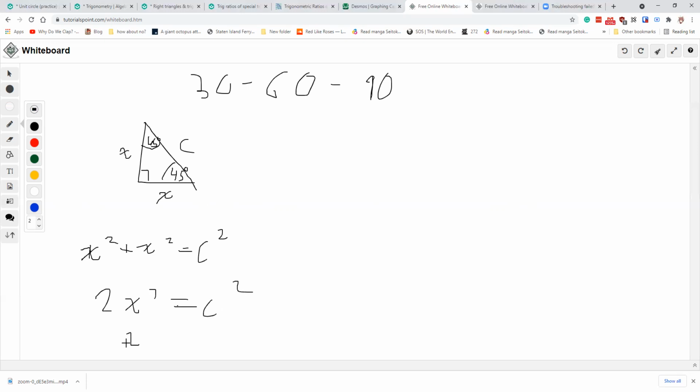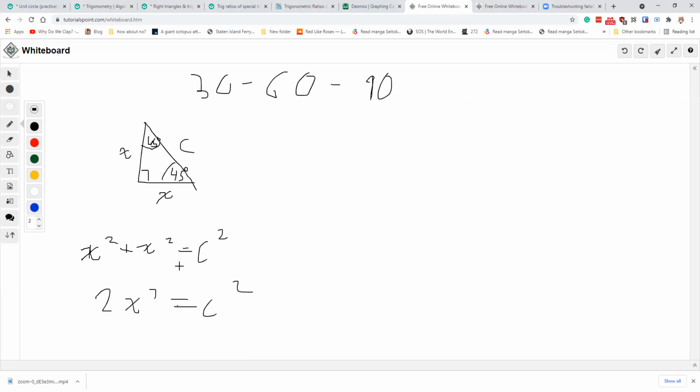Oh, wait, one second. I just realized I'm solving for the wrong thing. And so we just have 2x squared is equal to c squared. And instead of doing anything else, we can just take the square root of both sides. So what do you get?